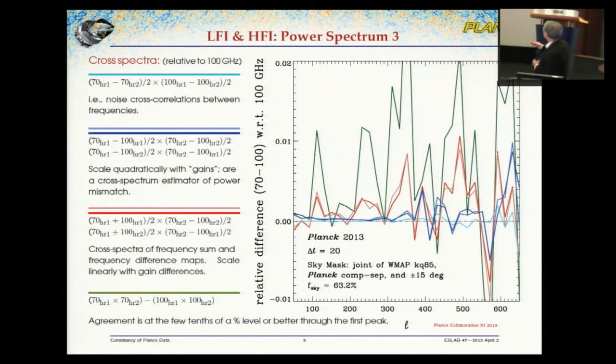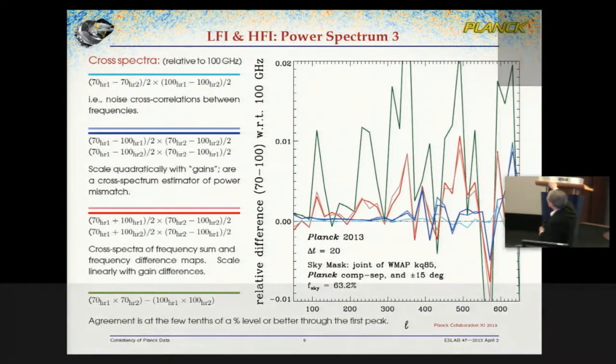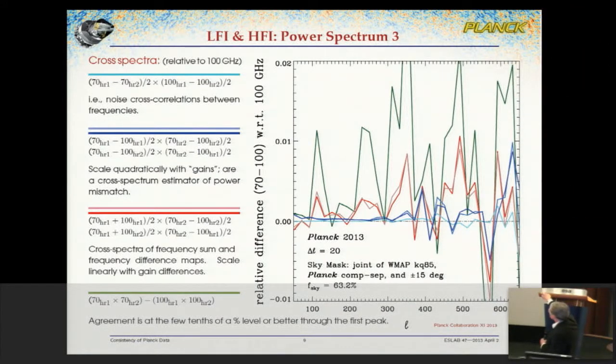Okay, now the curves on this map are color-coded. There are 6 of them. The cyan one comes right along here and then starts to move a little bit. The notation here is frequency, the number, 70 and 100.